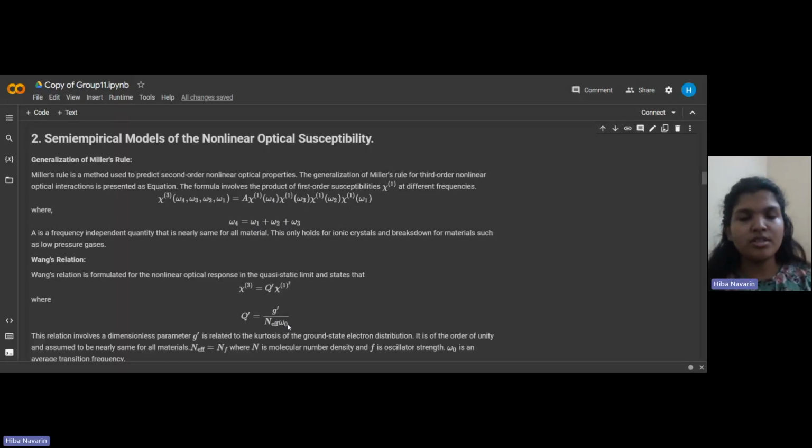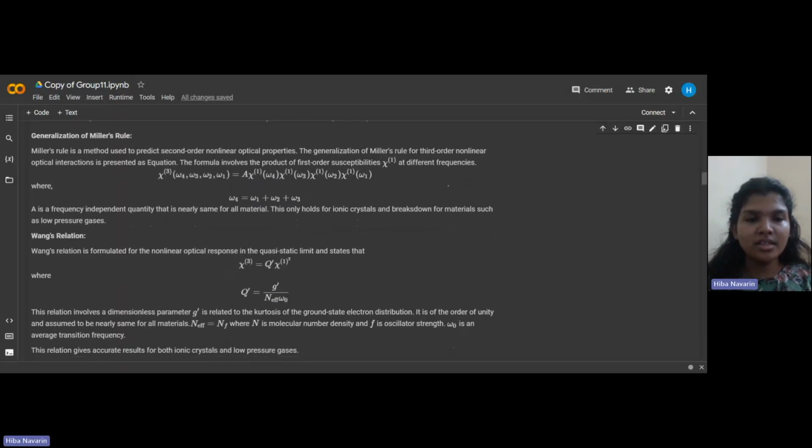Here omega 0 is the average transition frequency, and n effective is given as the product of the molecular number density n and the oscillator strength f. And g dash is from the kurtosis of the ground state electron distribution. So this holds for both ionic crystals and low pressure gases, where the generalization of Miller's rule breaks down.